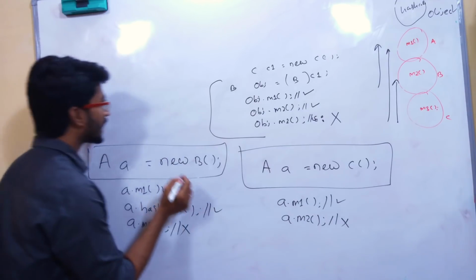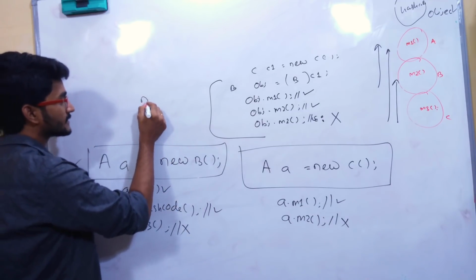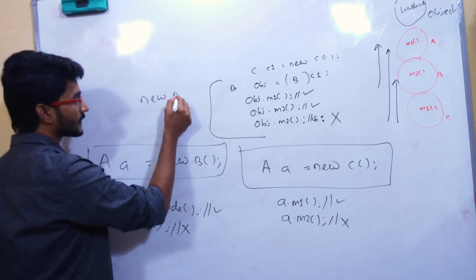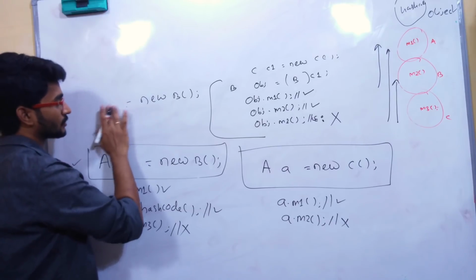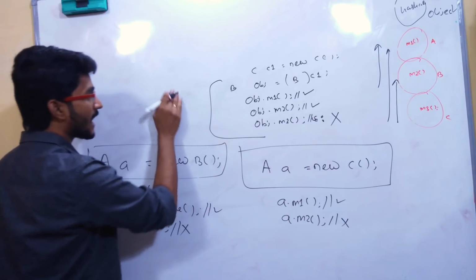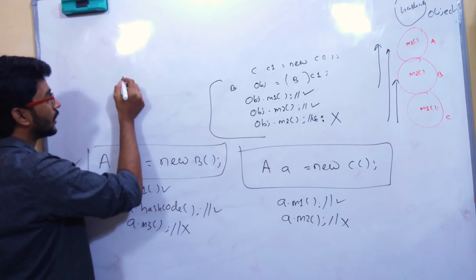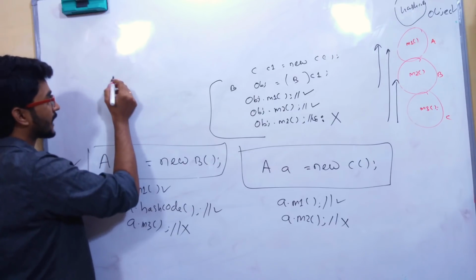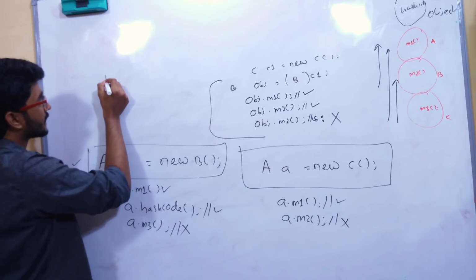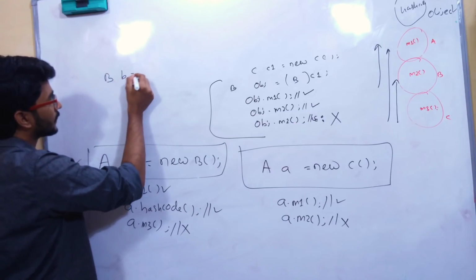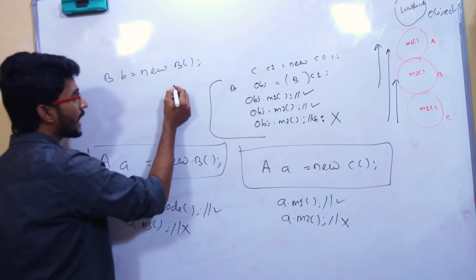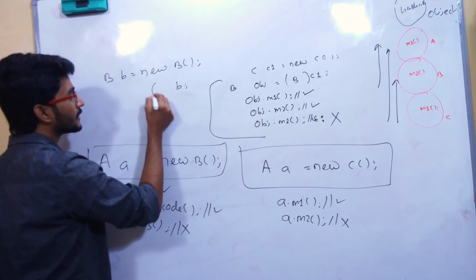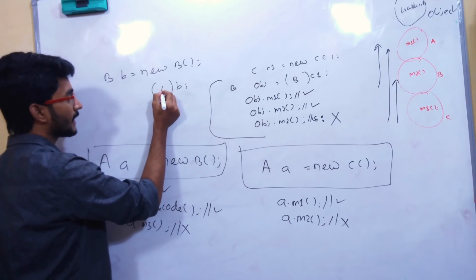Okay, one last thing. Suppose I want to store this b class reference. Let me do it manually. I want to store the b class reference in a super type. So I'm creating the b class object here, b equal to new b. Now I want to cast this b to a super type, let's say a.